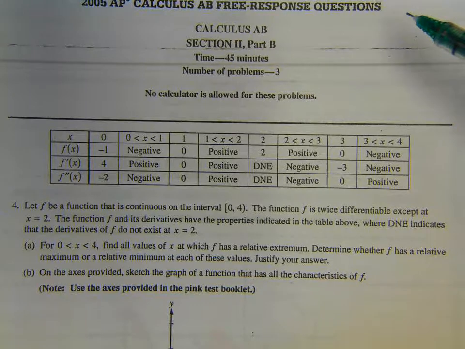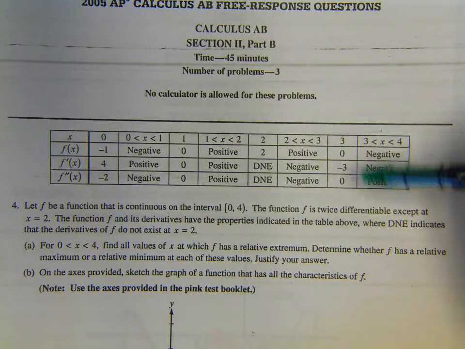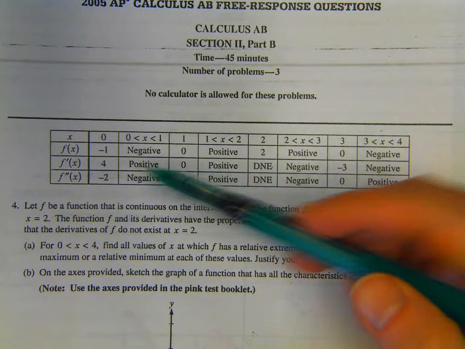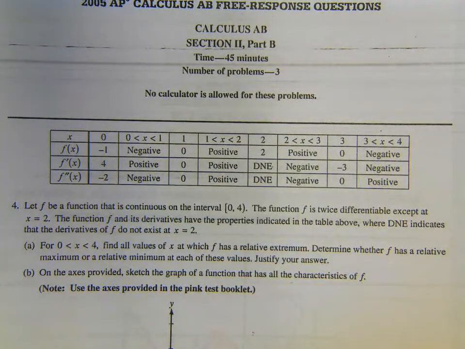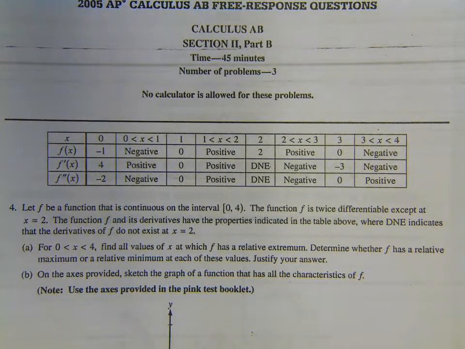The function f and its derivatives have the properties indicated in the table above, where DNE indicates that the derivative of f does not exist at x equals 2. So let's look at A. For 0 to 4, find all values of x at which f has a relative extremum. Justify your answers.